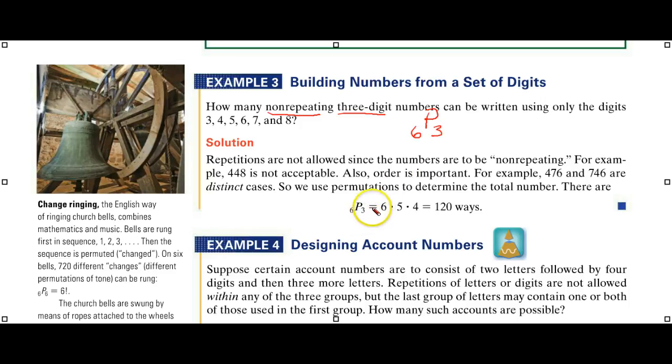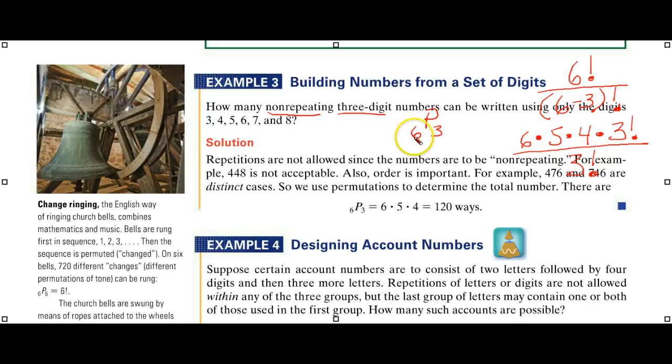So the formula for this, if you put it in the other way, and I didn't have any place to write it, so I'm overwriting here. So permutations, 6 factorial, and then divided by 6 minus 3 in parentheses, factorial.